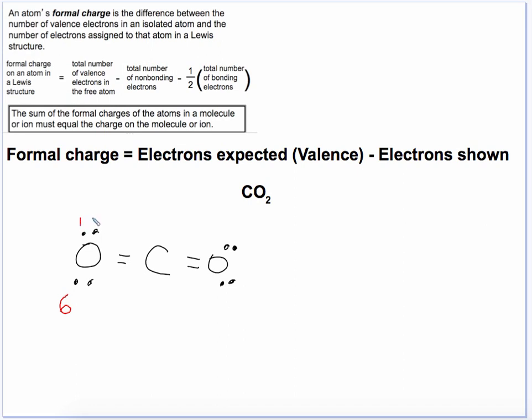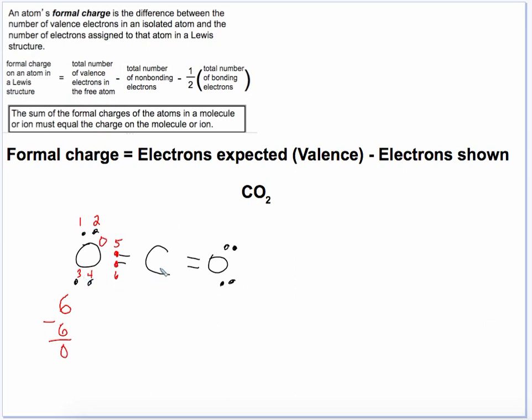There are 4 electrons shown, but in each bond, 2 of these electrons are from oxygen, so that's 1, 2, 3, 4, 5, 6. So 6 minus 6 equals 0. The formal charge on this oxygen is 0. Normally they write a little number by it, but if it's 0, a lot of times they omit it. I'm just going to write it right here to show you that's where it's at.